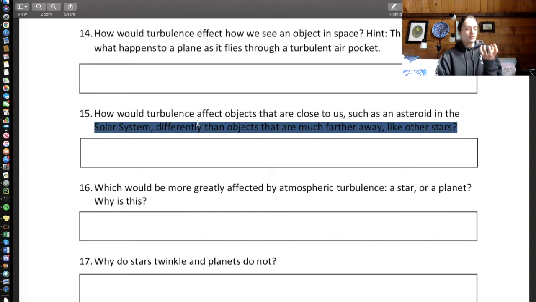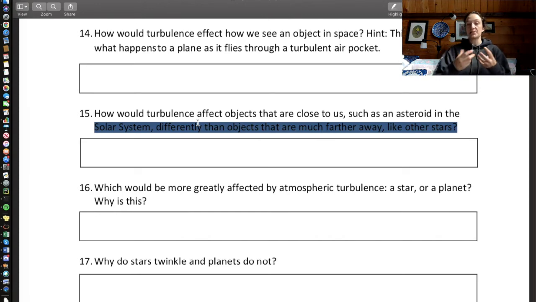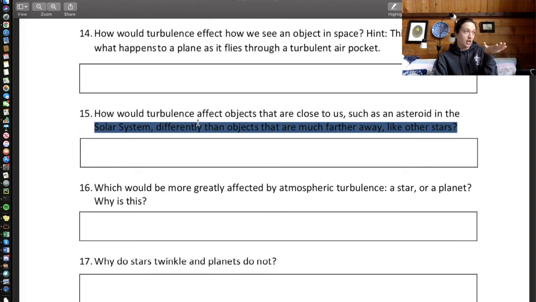Size in space is all dependent also on distance away from us. So even though a star is much bigger than a planet, it's much further away, so it looks to be much smaller. So, how would turbulence affect objects like a planet or an asteroid if we're looking at it with binoculars or with a telescope, differently from a star that is millions of miles away versus a planet that's just 1 million miles away or something like that?